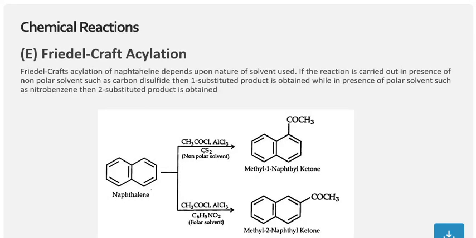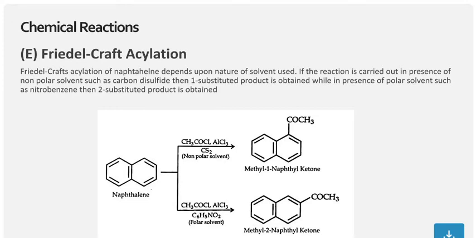Now Friedel-Crafts acylation, you can see there are again 2 conditions: polar solvent and non-polar solvent. In polar solvent, you will get methyl 2-naphthyl ketone, and in non-polar solvent, methyl 1-naphthyl ketone. And these are very, very important reactions. You should write it down, you can memorize it, and you can build the understanding.